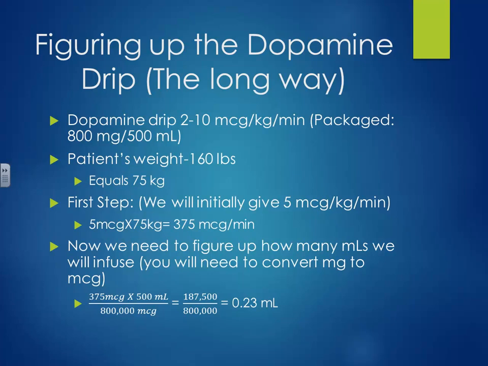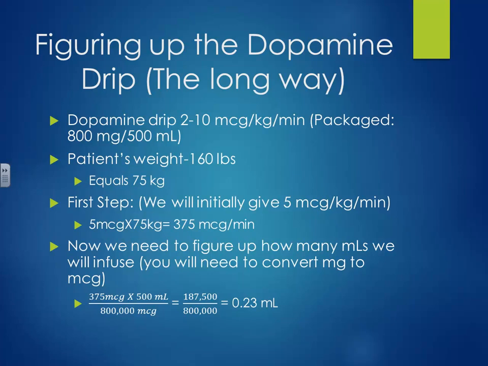What is our volume? Our volume is 500. Our package is in 500 milliliters. Now, I work better with big numbers than I do with decimals. So when I do things, I always convert my milligrams to micrograms. So 375 times 500 gives you 187,500. Divide that by your 800,000 mics.